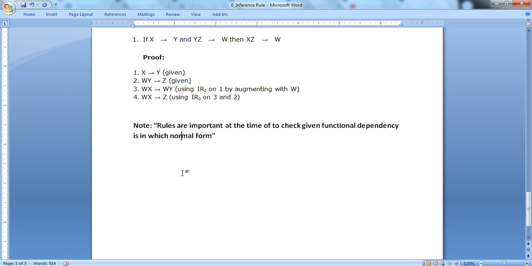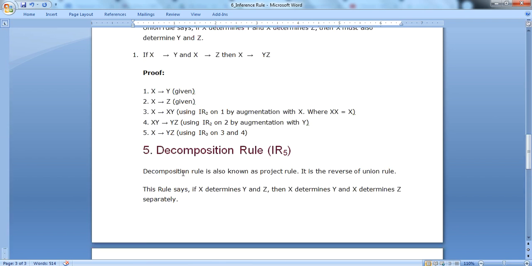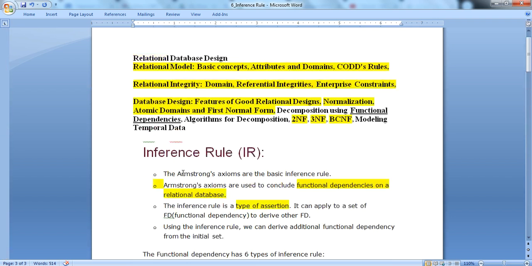At that time we need these rules to identify the situation.